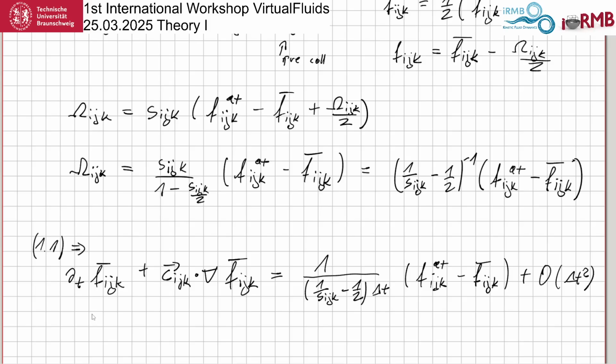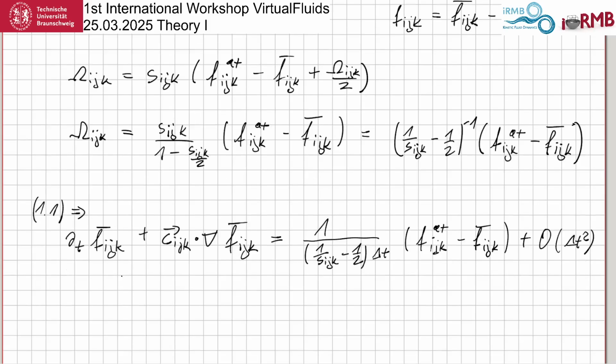So this is the equation that we want to solve, and in the Boltzmann equation we can actually associate this relaxation time as 1 divided by S_ijk minus 1/2 delta t.